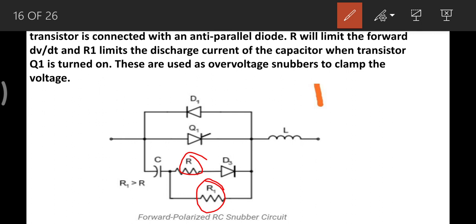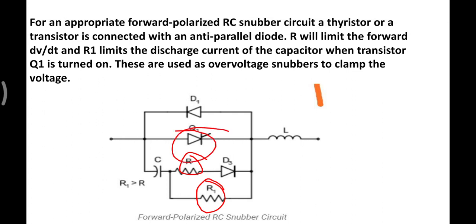So overall this connection is used for over voltage protection of the transistor. We can use here either a transistor or other power semiconductor devices like SCR or IGBT. Just for explanation purposes we are considering the transistor Q1. Okay? Next, this is the connection for the forward polarized RC snubber circuit.